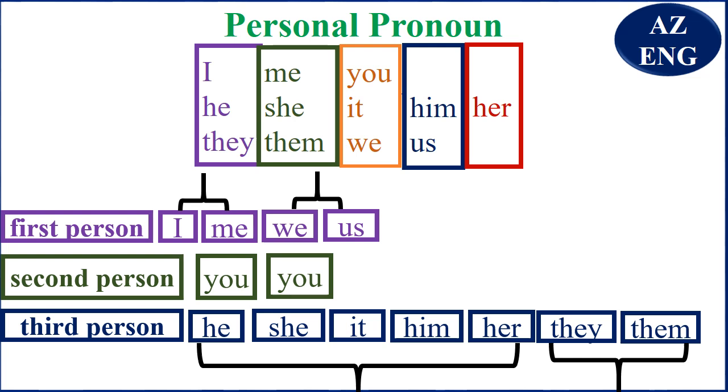So you're teaching your students, you want them to memorize the words. You can read them like this. For example, the first person: I, me, singular; we, us, plural. Then the second person, you and you.